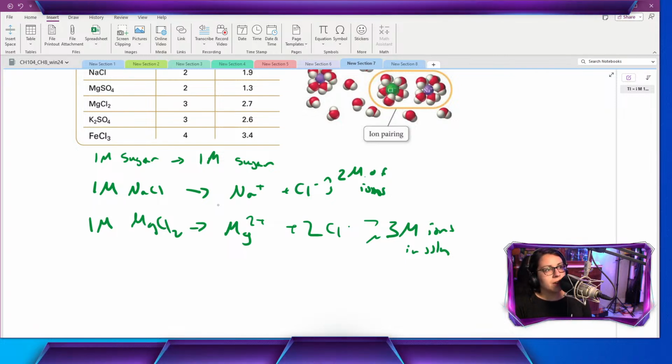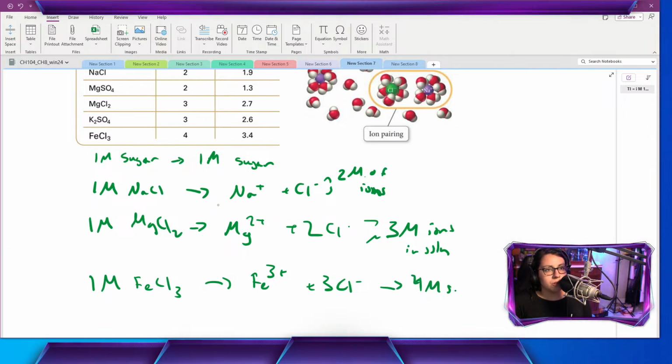And then looking at iron chloride, so we could do a 1 molar solution of iron(III) chloride. And again, that would go to 1 mole of iron and 3 equivalents of chloride. So 4 molar solution effectively.